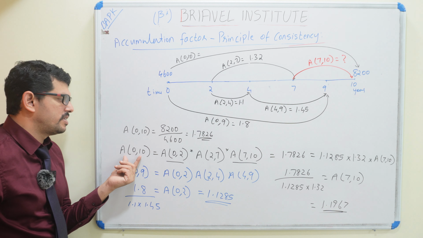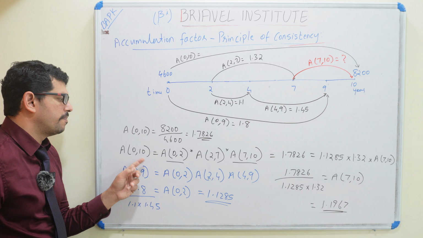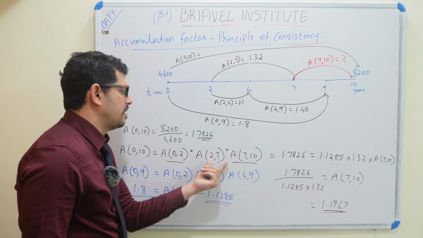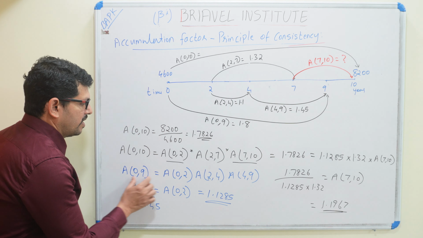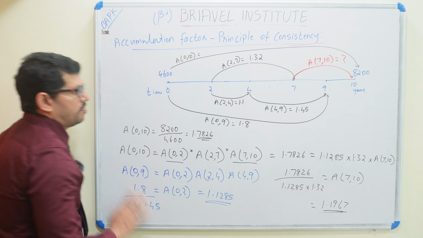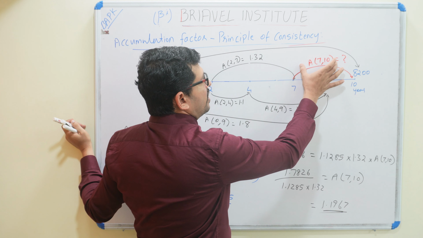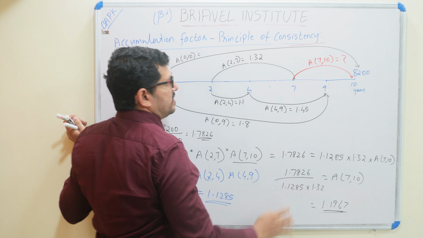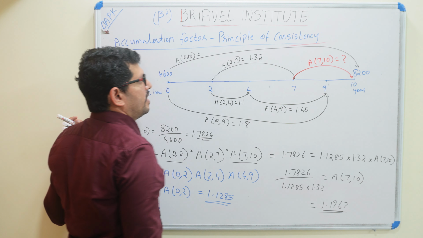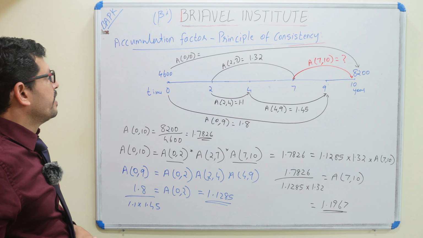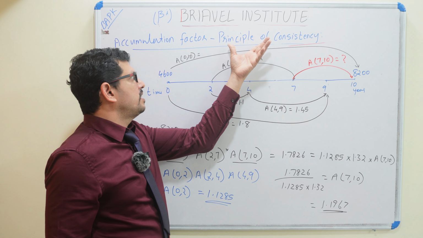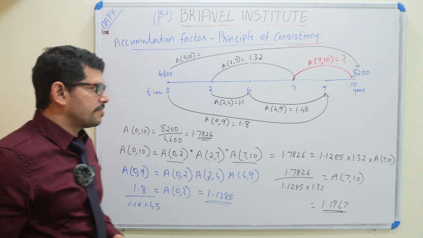This is the total accumulation in the period 0 to 10. These are intermediate time periods. The same way we have written it like that. So this is the principle of consistency. Using the principle of consistency, we found the accumulation for the period 7 to 10. Hope you understood about the accumulation factor and the principle of consistency.